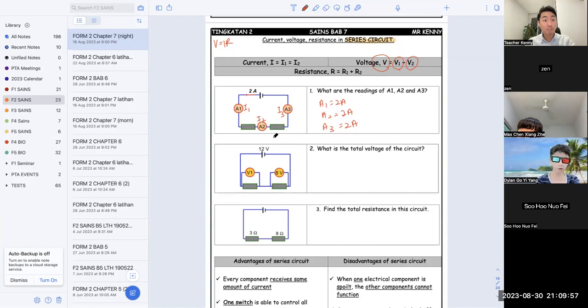So that means this 12 volt, when I push it out, will be split among all my different components, not evenly. Maybe you take 4, maybe you take 5, maybe you take 6. Either way, it will all add up to 12 volt.